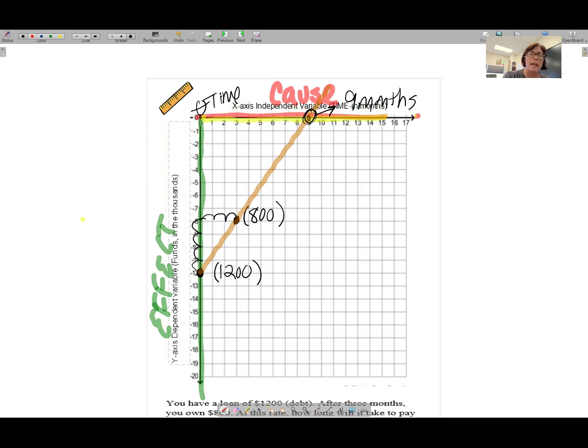Now, what would that equation of a line look like? We can bunny hop our slope. Our units here are by the hundreds, so 1, 2, 3, 4, 1, 2, 3. So it's 4/3. So our slope here is going to be 4/3. And our intercept is (0, -1,200).